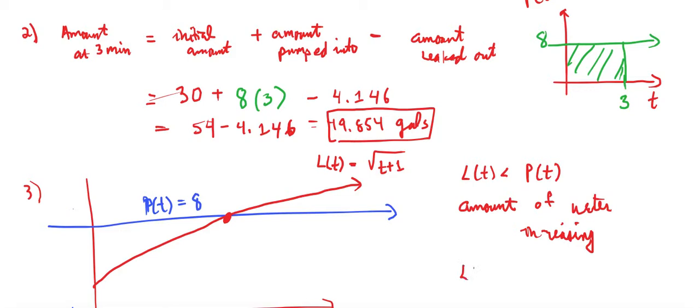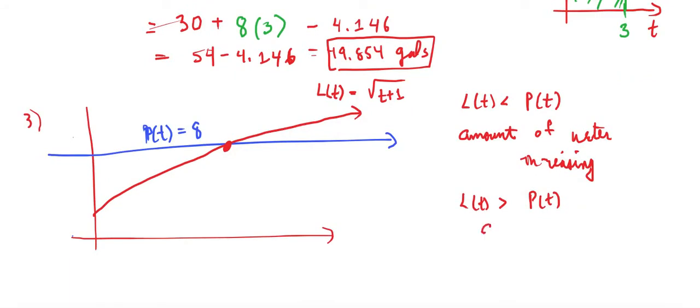Conversely, if L of T is greater than P of T, then that means the amount of water is decreasing.